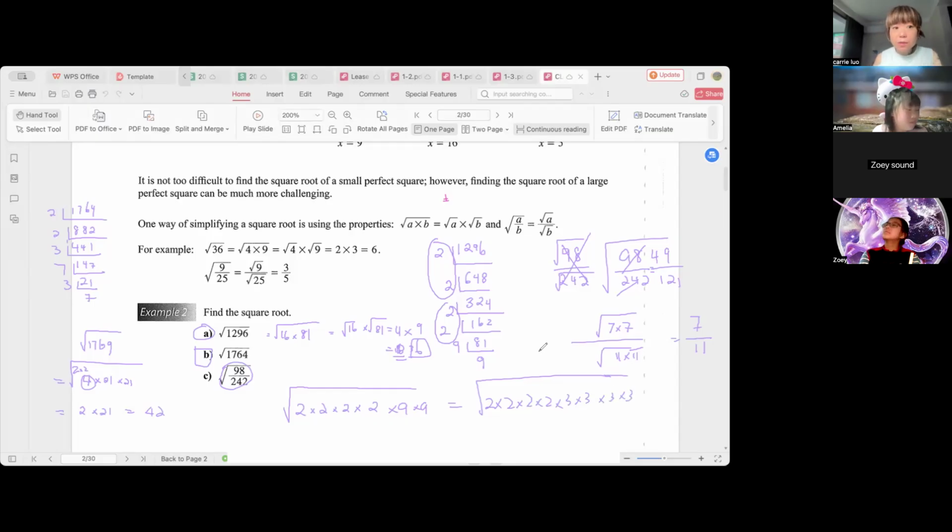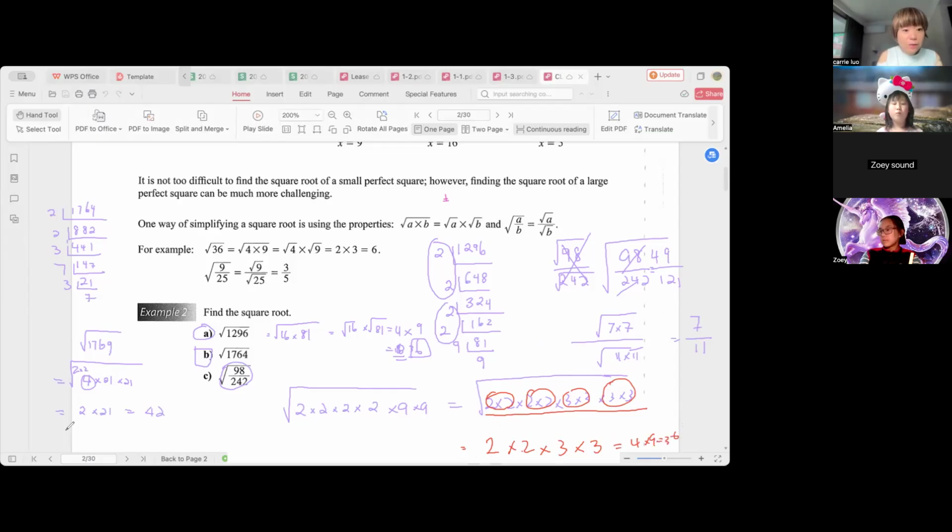So the principle of square root is always to look at the things inside and make 2 become 1. If you have two 2's inside it, you take out one 2. Two 2's become one 2. Two 3's become one 3. And two 3's become one 3. Get it? Okay, so the answer is 4 times 9 equals 36.